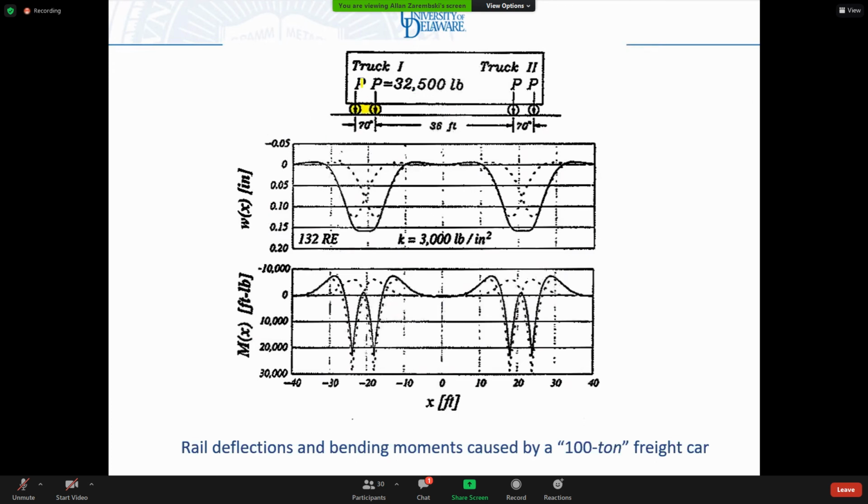Now, I mentioned before that the influence zone over here is of the order of 10 to 20 meters. And so basically, for all practical purposes, these two bogies don't influence each other. The two axles on the same bogie have a real effect, but on the same wagon, they don't influence each other.